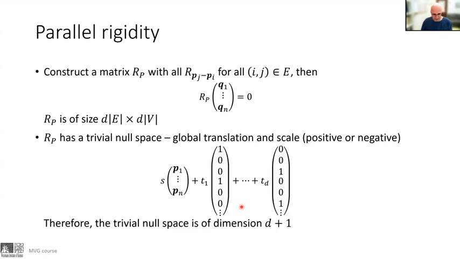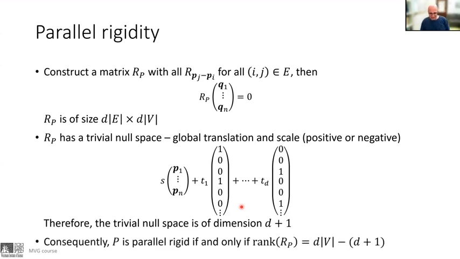Consequently, we can say that P is parallel rigid, which means that the null space is only the trivial null space, if and only if the rank of the matrix Rp is DV minus (D plus 1).